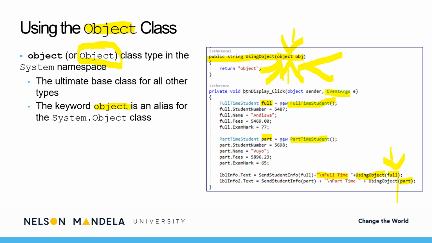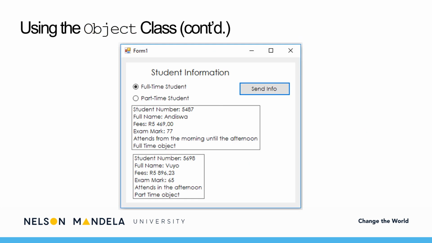So all objects or classes that you create, whether it's full-time, part-time, or whether they are base classes of the student class, they all inherit from this object class.